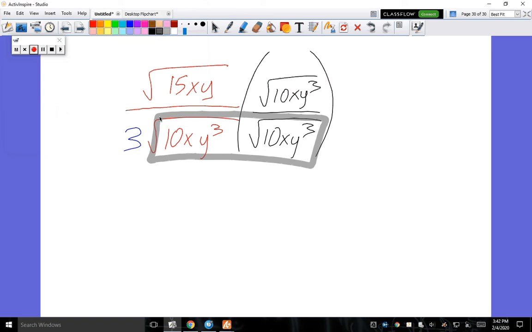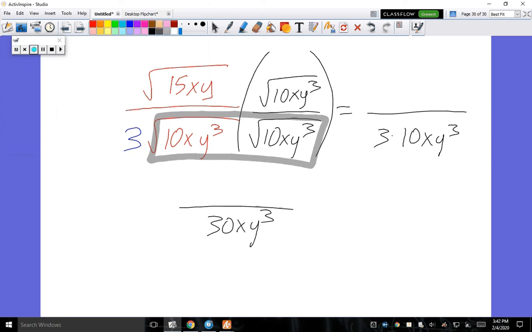Okay? If I multiply these 2 pieces together, think about what we did before. 10xy cubed. That's it. That's all what's left. So 10xy cubed times this 3. Y'all with me? So it's the same as just 30xy cubed in the denominator. You got rid of the square root. It's rationalized.